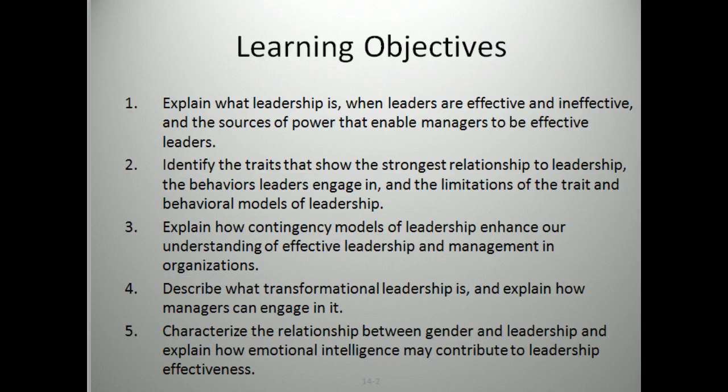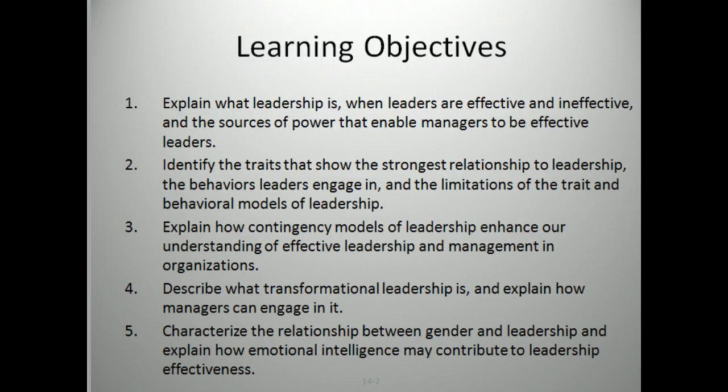We're going to talk about contingency models of leadership, understanding effective leadership and management in organizations, and then we're going to explore transformational and charismatic leadership. Again, I'm happy to be talking to you about leadership and going over leadership theory with you.